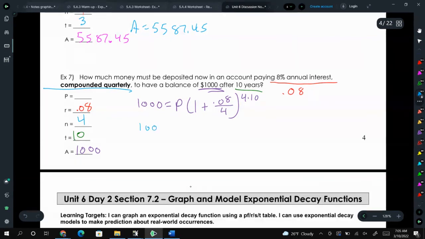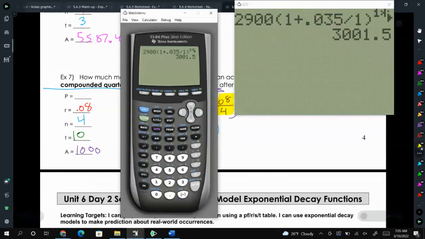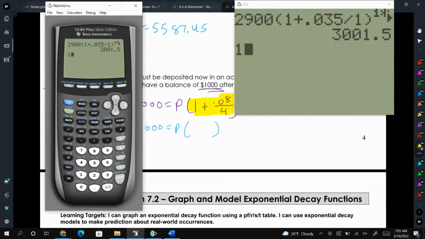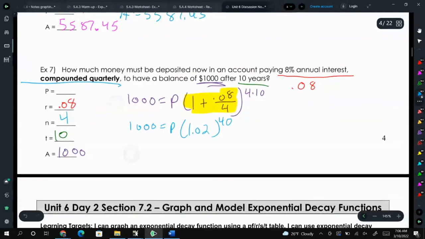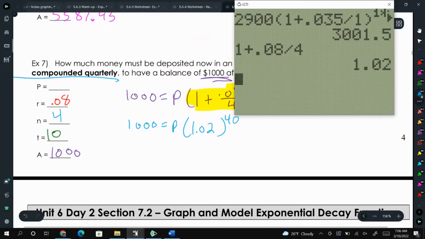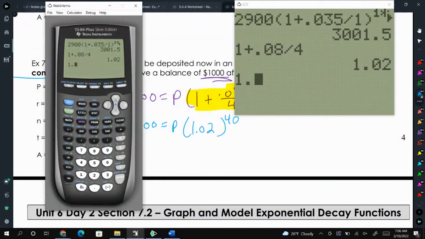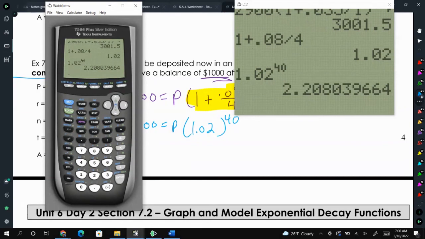We can do 1,000 equals P. We can type this into the calculator, though. One plus 0.08 divided by 4. That's 1.02 to the 40th power. Well, we can do that. We can type 1.02 to the 40th power. Okay, so 1.02 raised to the 40th power gives me 2.21.